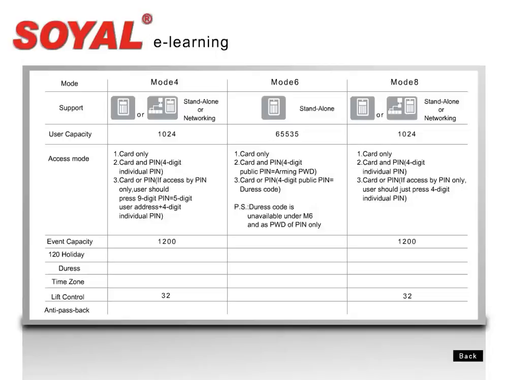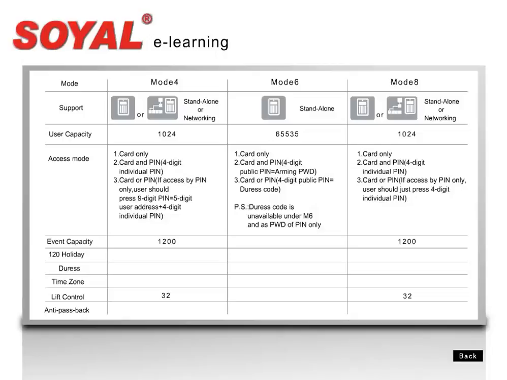The front 5 digits are the user address, and the last 4 digits are the individual pin. When the controller is under M8 mode, and the access mode is card and pin, or card or pin, the pin of both access types would only need to enter 4 digits.